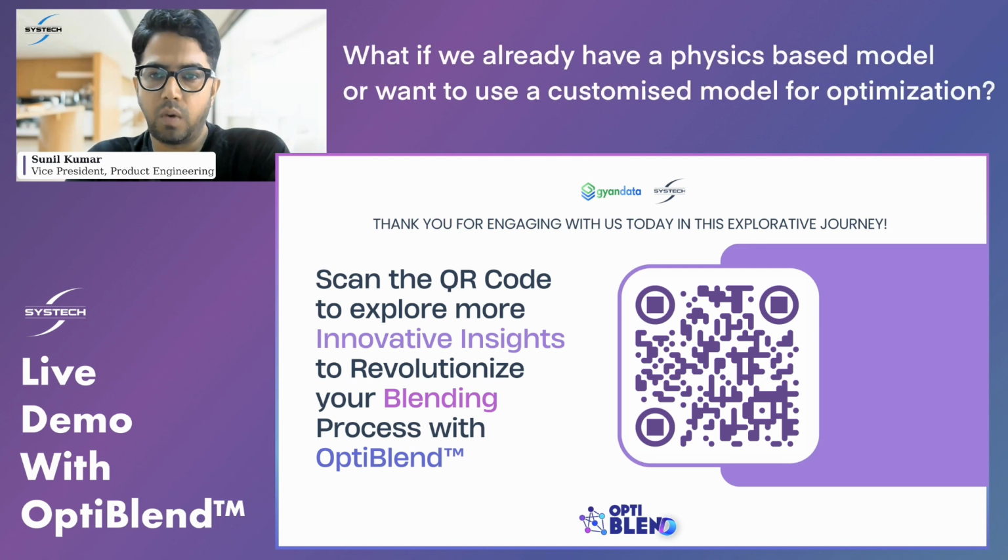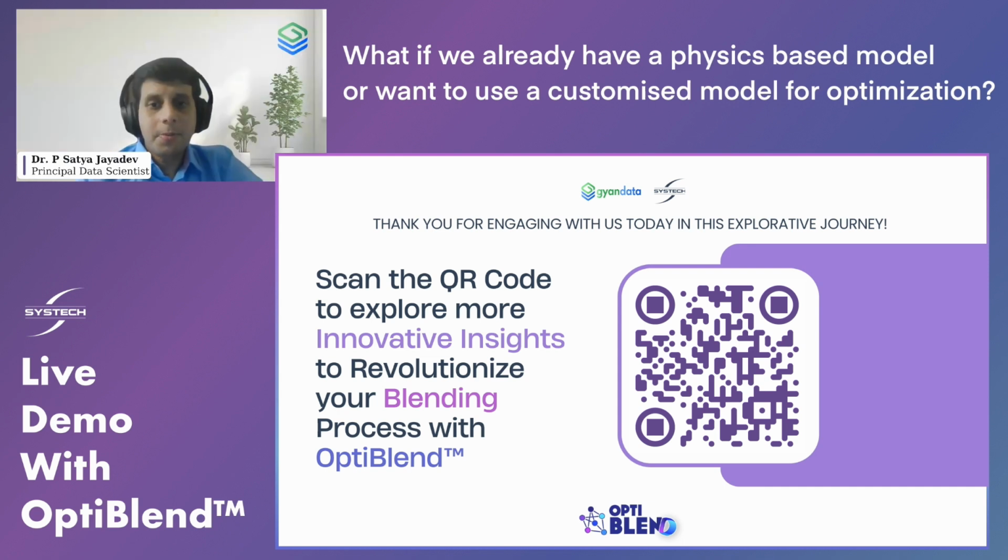Second question is, what if we already have a physics-based model, or if we want to use a customized model for an optimization? So do you want to take that question? Yeah. So right now, as you see, we are building models using data that is provided to OptiBlend. But in the next version, we are planning to support customized models.